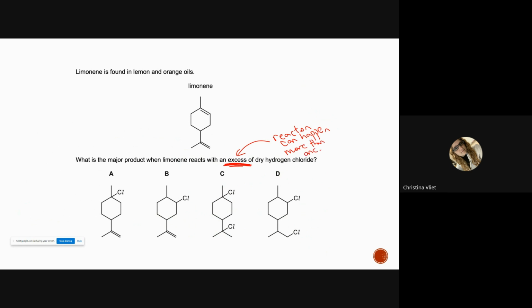If I were in a future mini assessment to give you plus H2 in excess, what would your answer be? Both of these double bonds would disappear and hydrogens would be added and it would be hexane.